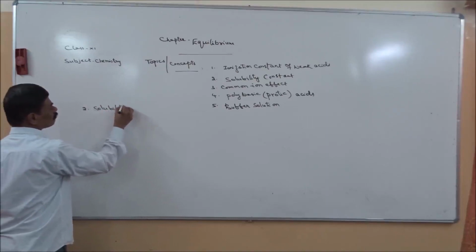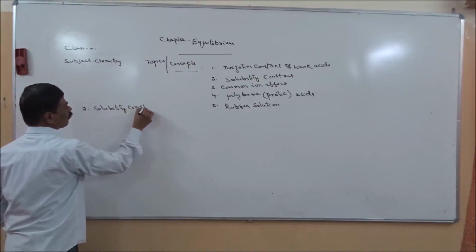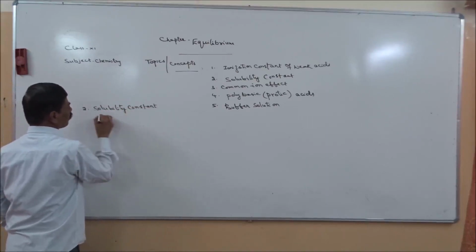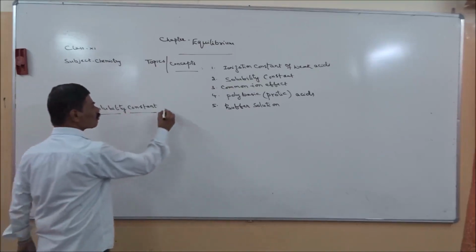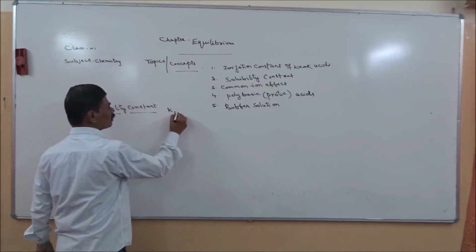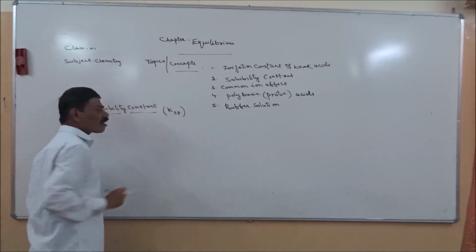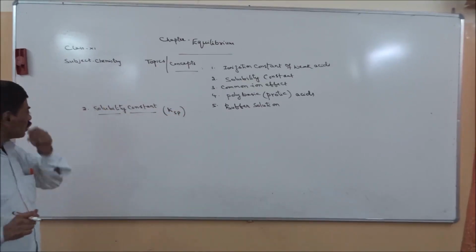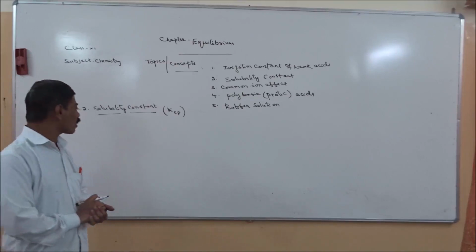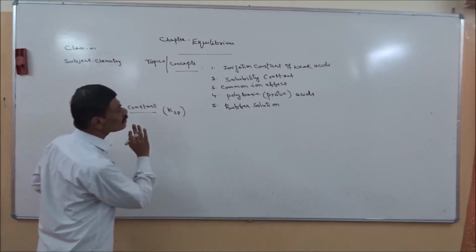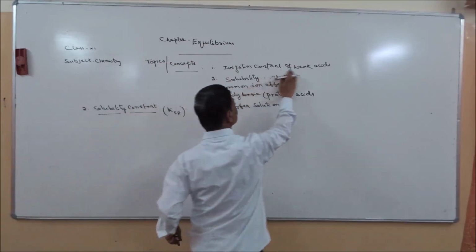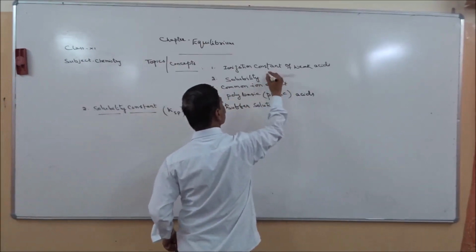Solubility constant is symbolically represented by Ksp. It is a constant. This property is called the solubility constant, or solubility product.